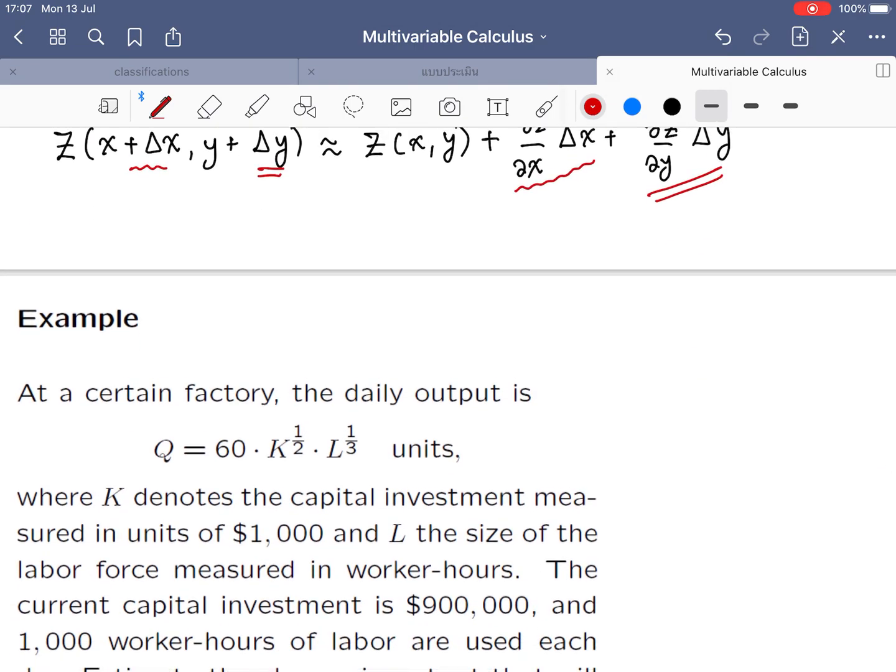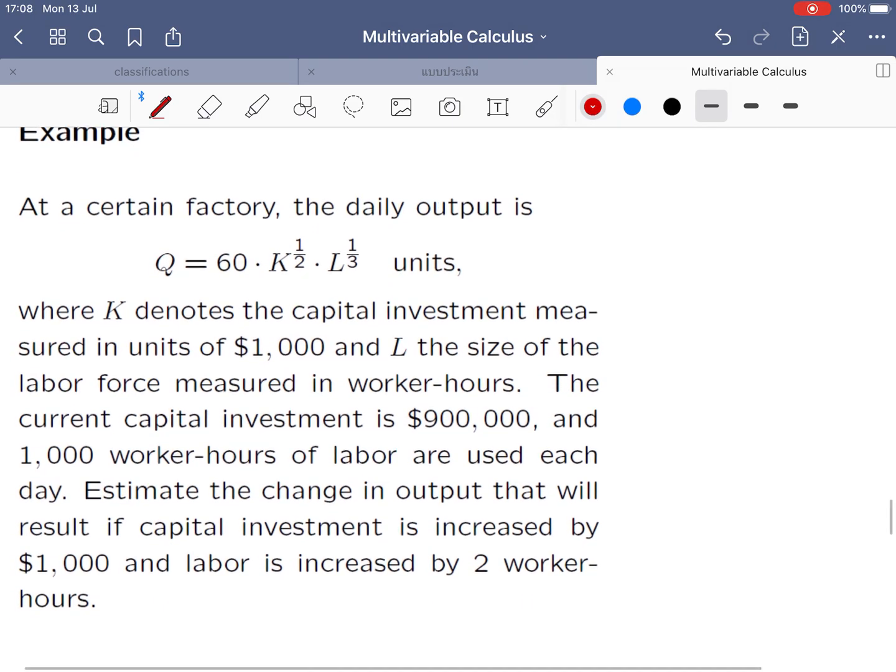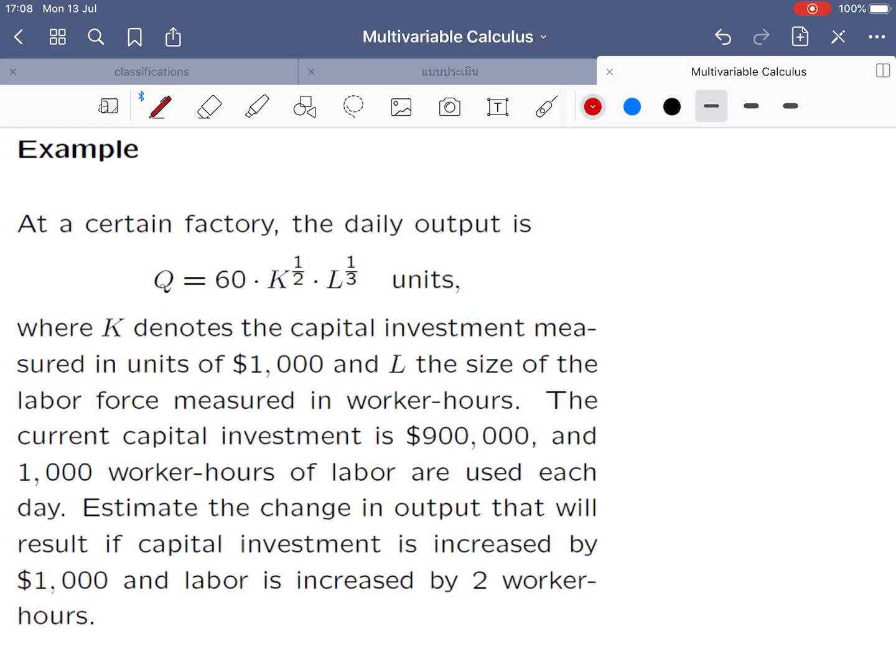For example, if a certain factory's daily output is 60 K to the 1/2 L to the 1/3 units, where K is the capital investment, measured in $1,000, and L is the size of the labor force, measured in worker hours. Currently your investment is 900,000.